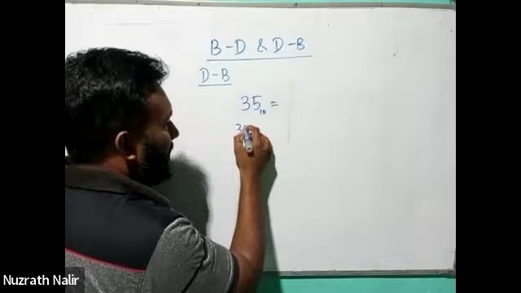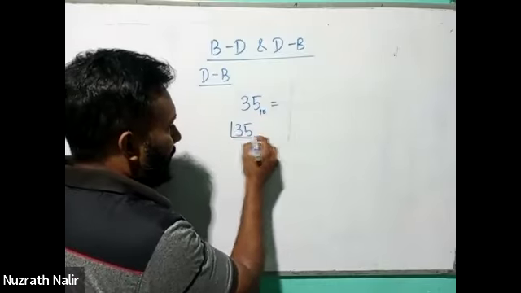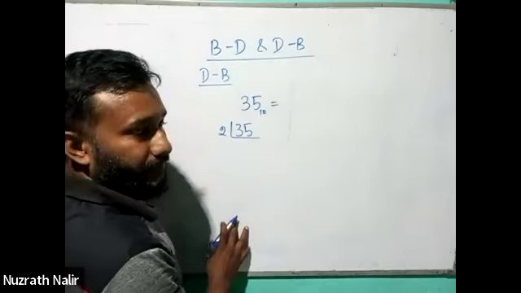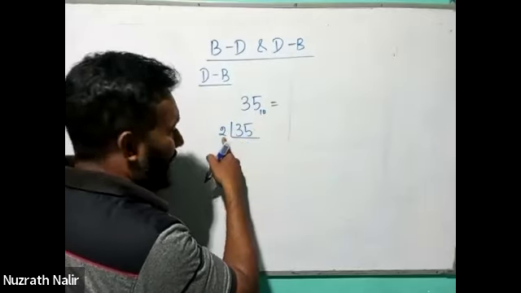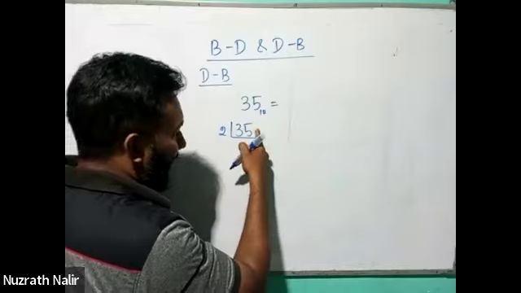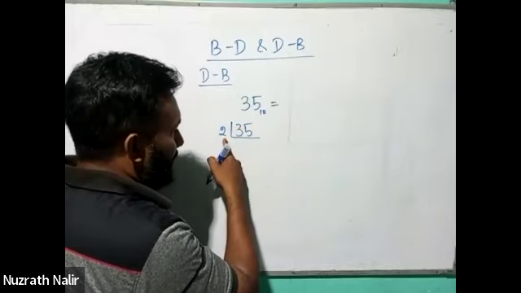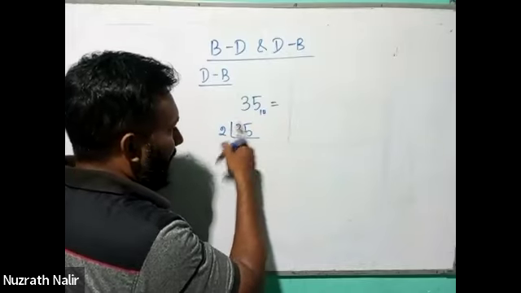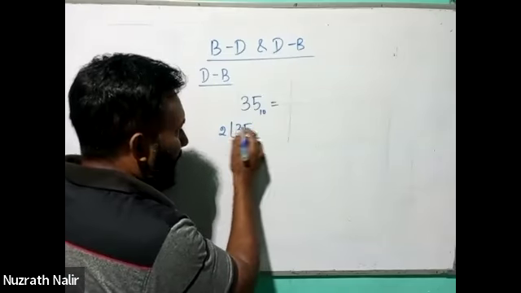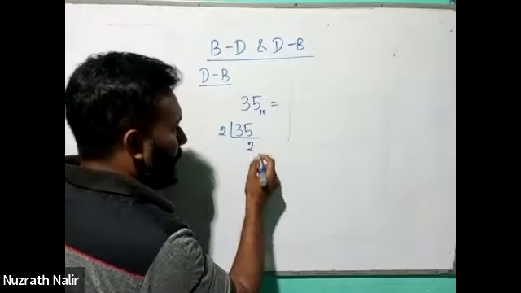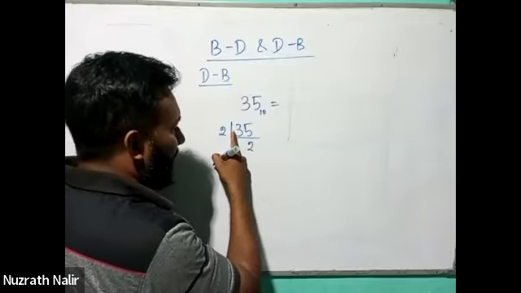Then 35 means just 35 divided by 2. So first check from right to left. The right one is 5. How many 2s are there? 2, and 1 balance, 13.